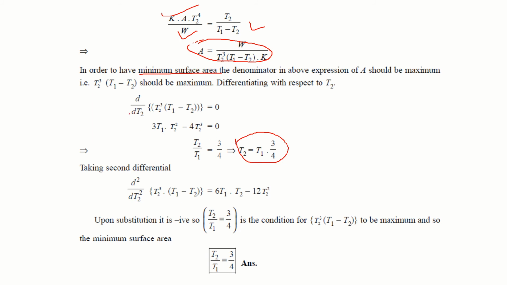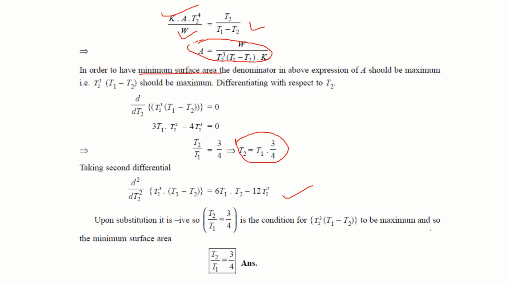I am minimizing, I am finding the minimum. And T2 is the variable, that temperature I am optimizing. So once again, if I differentiate this, I'll get this one.